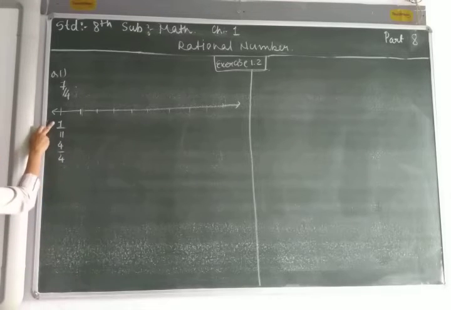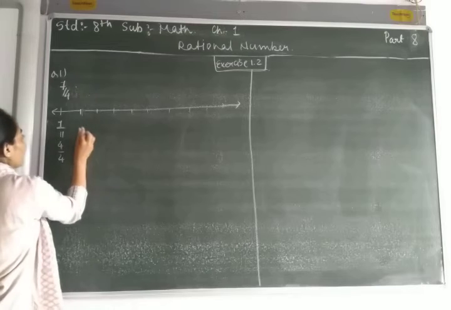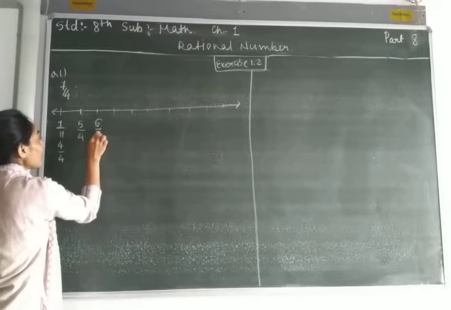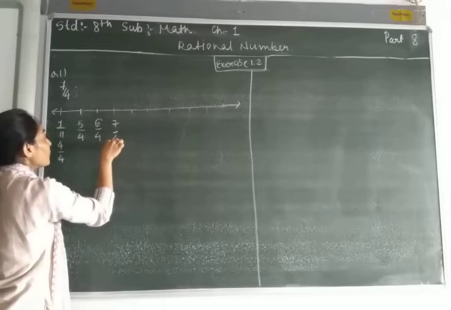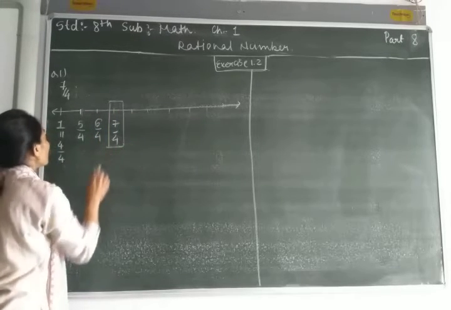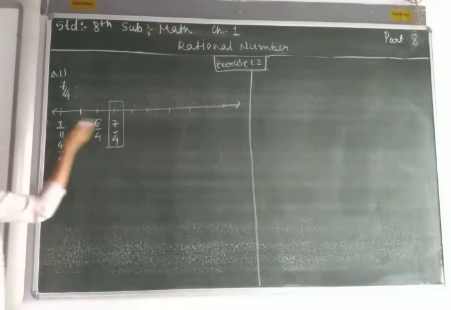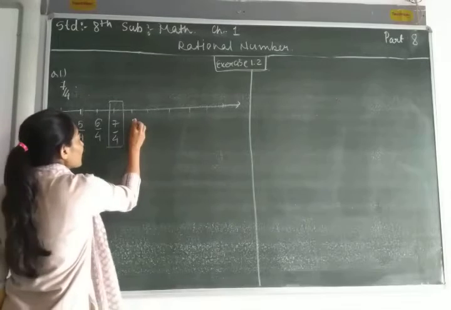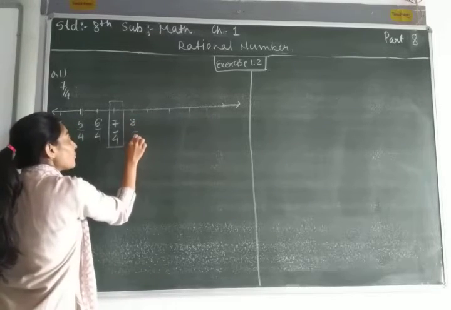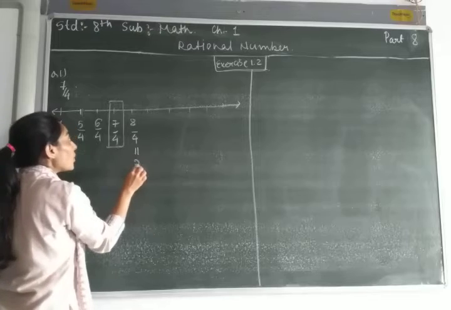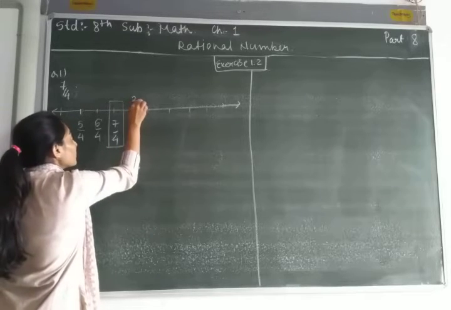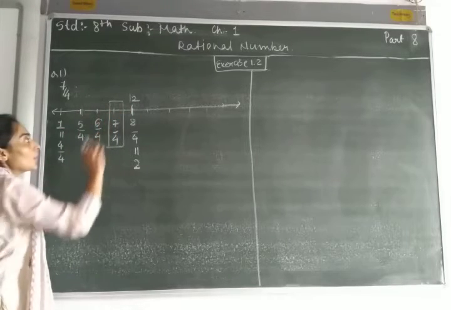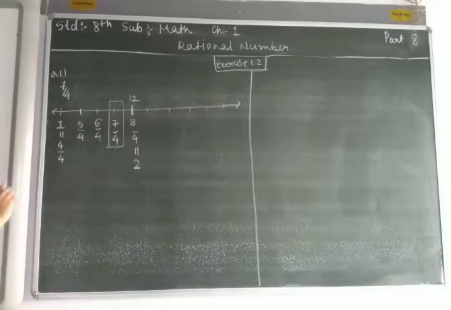Now what lies next? 5 divided by 4, 6 divided by 4, 7 divided by 4. So 7 divided by 4 lies between 1 and 2, because 8 by 4 is nothing but 2. So the 7 by 4 lies between 1 and 2. This way you can represent this number.